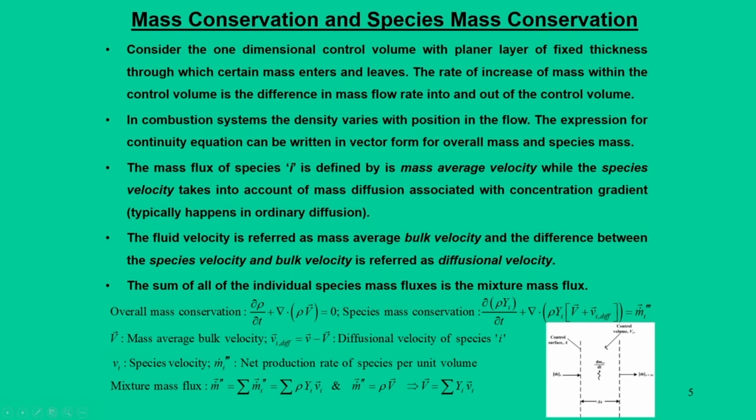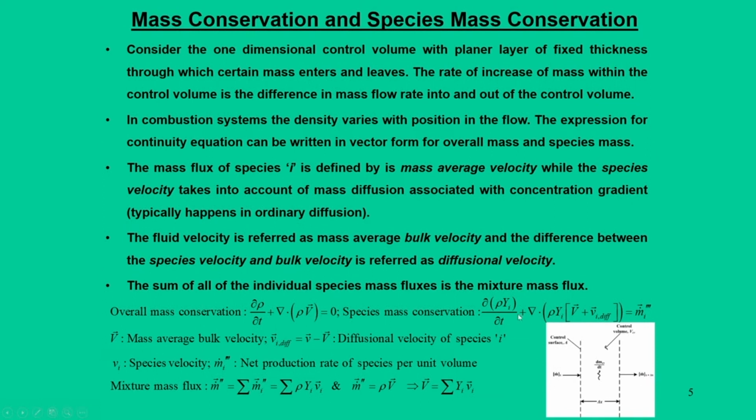Accordingly, we can write the overall mass conservation equation in vector form as dou rho by dou t plus the divergence of rho times the velocity vector v is equal to 0. This is for mass conservation. If you write the same for an individual species, instead of rho we write rho times Yi, where Yi may be the mass fraction.